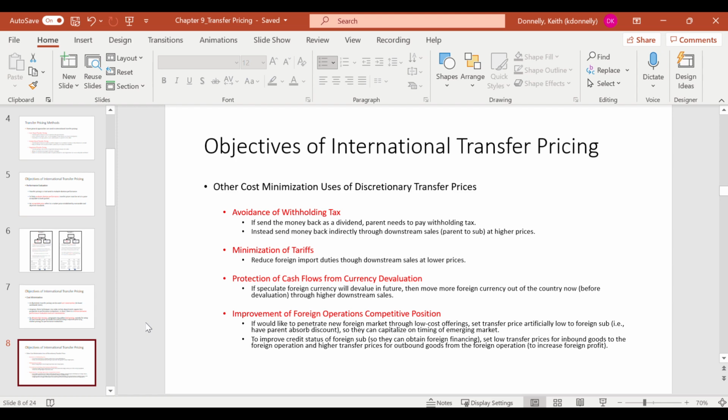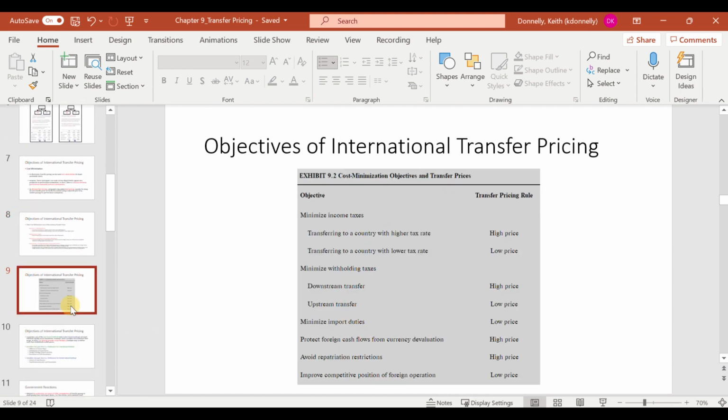Improvement of foreign operations to gain a competitive position. Maybe we see a market that's up and coming and we really want to emphasize that division, so we could set the prices to reflect and help that end. So this is just giving you some general rules in light of those variables.